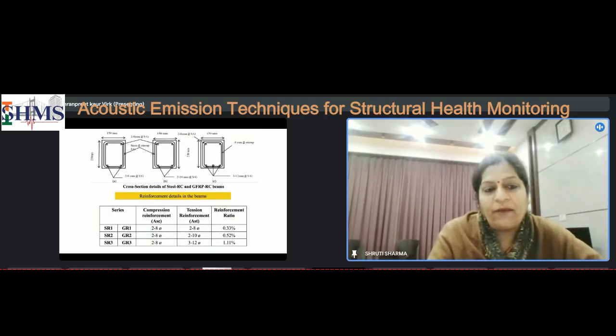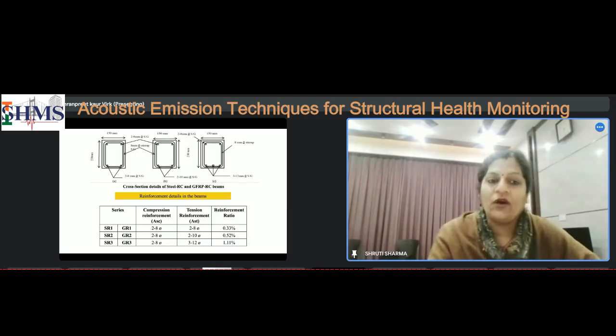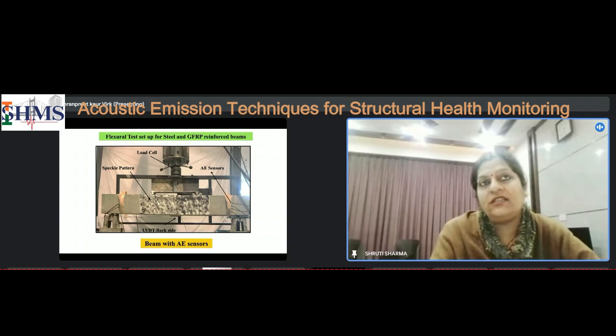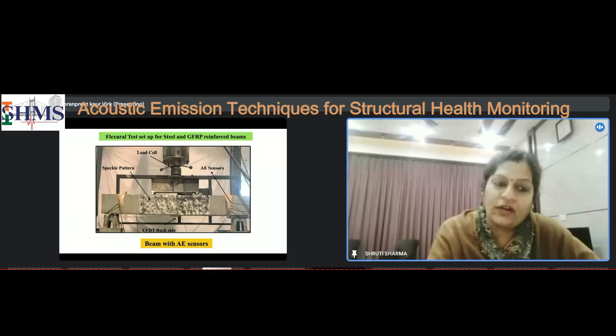So we have three samples. The percentage of reinforcement is shown. They are using steel and GFRP. We compared the cracking modes or failures of steel reinforced and GFRP reinforced beams. Next slide. So AE could also monitor the variation in the failure pattern or cracking mode of differently reinforced RC beams, one with steel and one with GFRP.